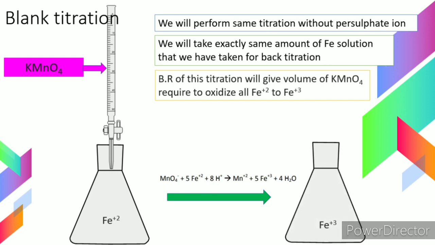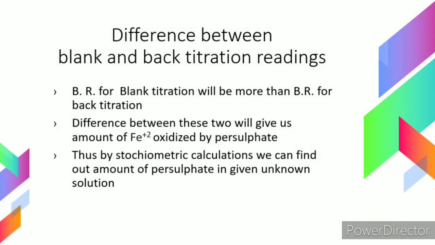The burette reading for this titration will give the volume of KMnO4 required to oxidize all Fe+2 ions to Fe+3 ions. The difference between blank and back titration will give us the amount of Fe+2 oxidized by persulfate. Thus, by stoichiometric calculations, we can find out the amount of persulfate in the given unknown solution.